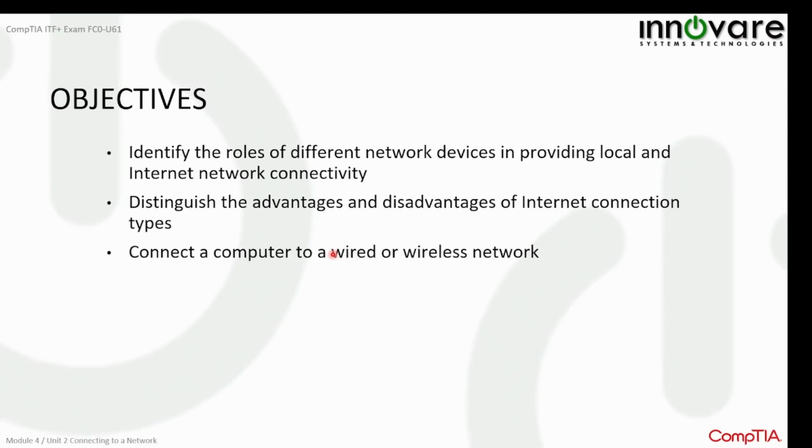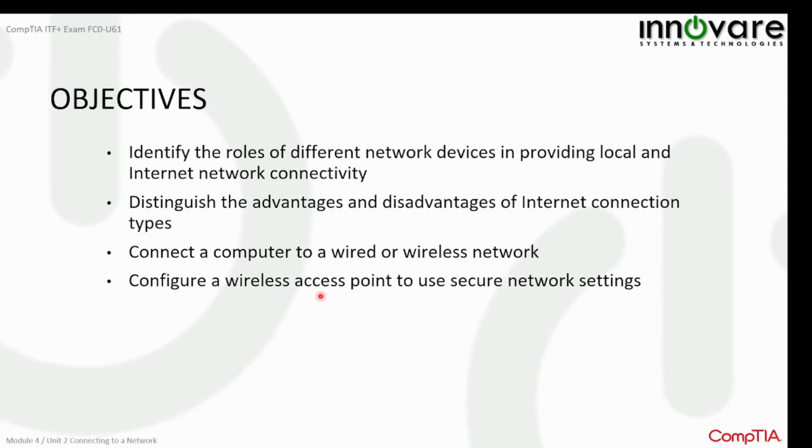We will also cover the different computer connections, how to connect a computer either through a wired network or wireless network. And lastly, to configure a wireless access point with secure network settings.